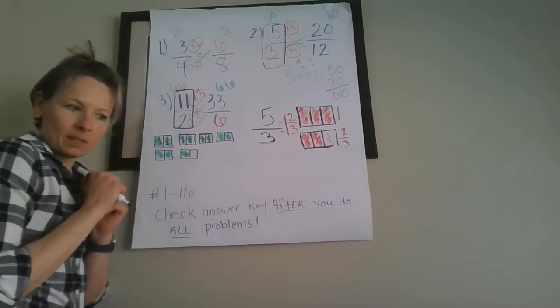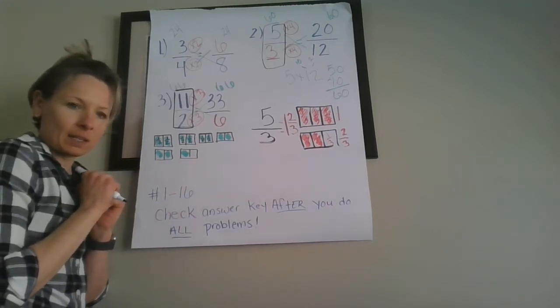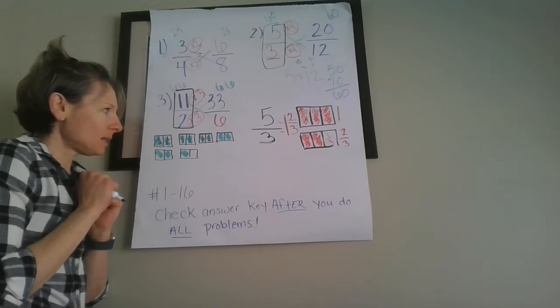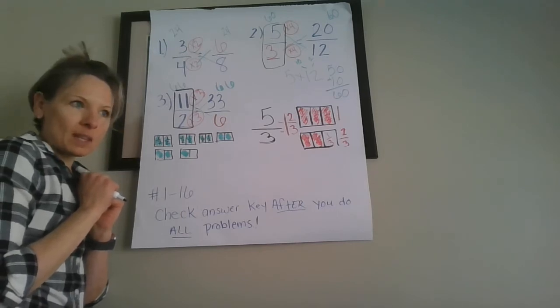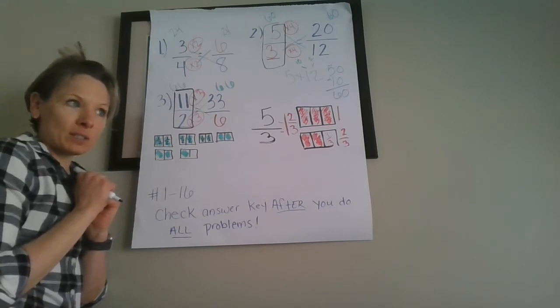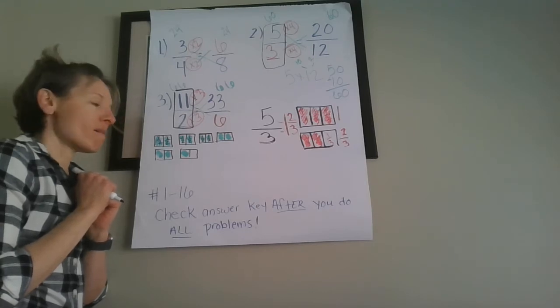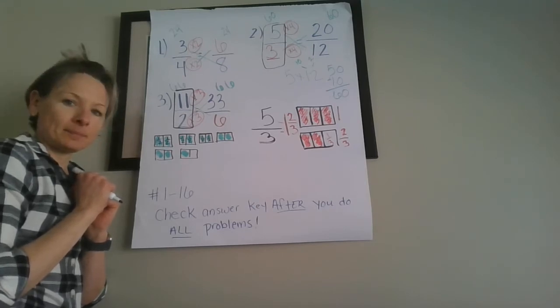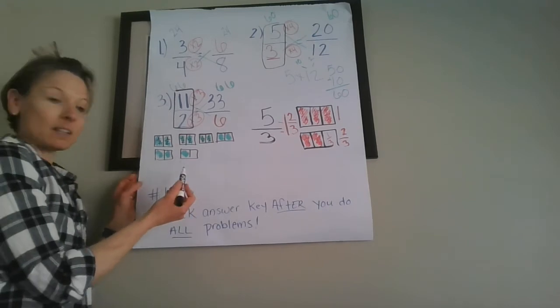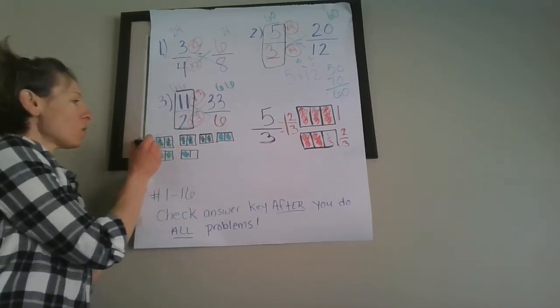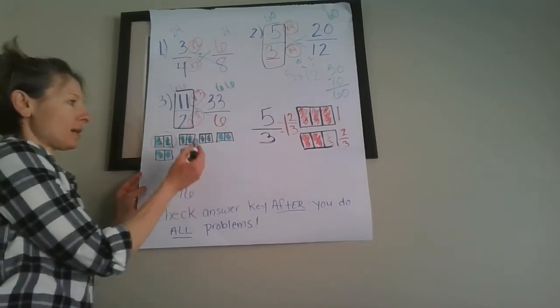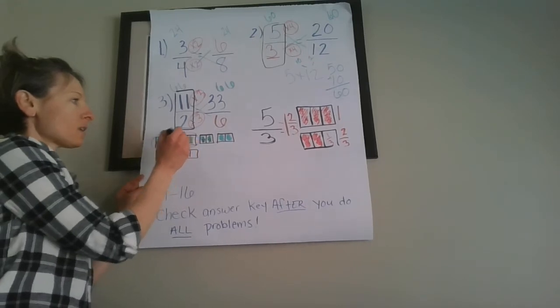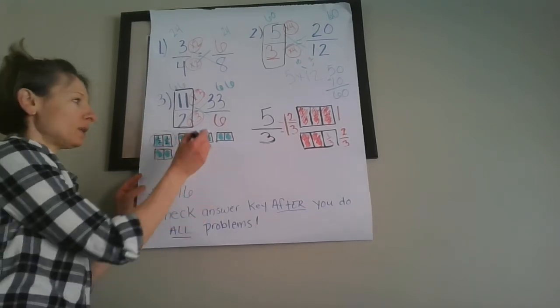I'm going to give you a couple of seconds to think about it. How many wholes and then how many parts is it? Okay, let's check. This is one whole candy bar, so that's 1. Here's another whole, so now we have 2.